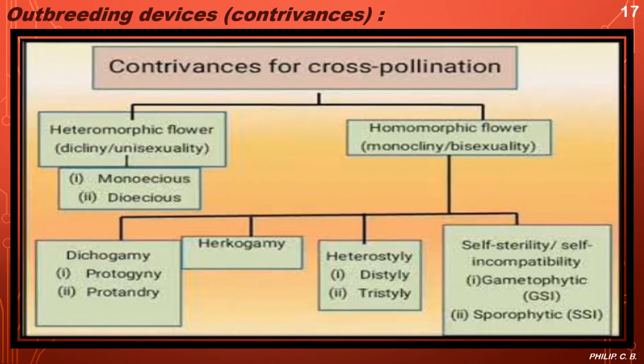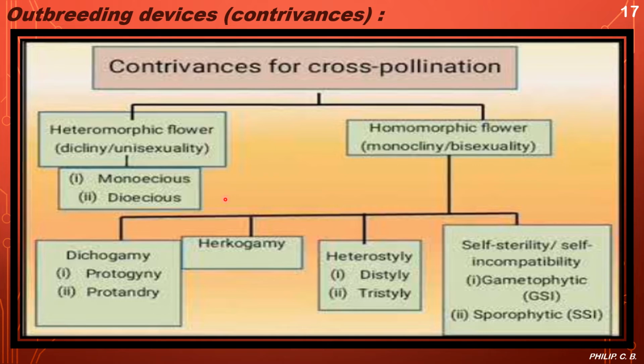Okay, moving further, from the pollinating agents to outbreeding devices, or contrivances. So contrivances for cross pollination are heteromorphic flower and homomorphic flower, that is dicliny or unisexuality, and monocliny, bisexuality. In the case of heteromorphic flower, it is monoecious or dioecious.